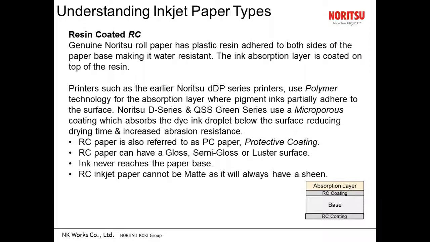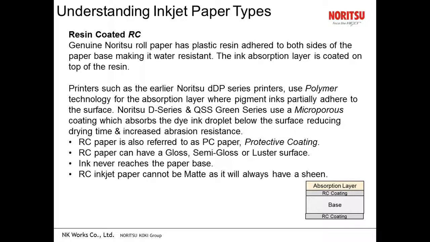Printers such as the earlier Noritsu DDP series printer used polymer emulsion coating, emulsion layer, absorption layer, because the inks are only partially absorbed into the emulsion and remain on top. The two bond together to create a new molecular structure. So pigment inks are more durable because the absorption layer and the ink itself bond to create a new structure that is much tougher than silver halide prints or dye inks.